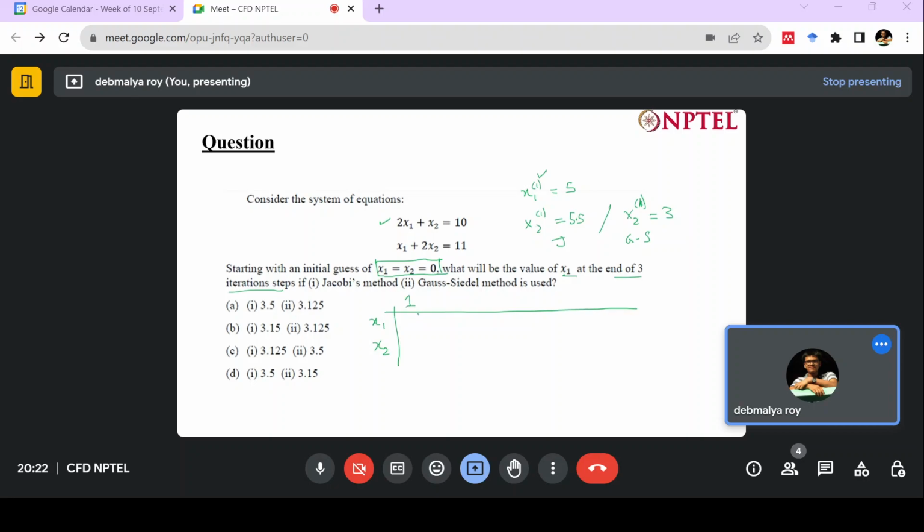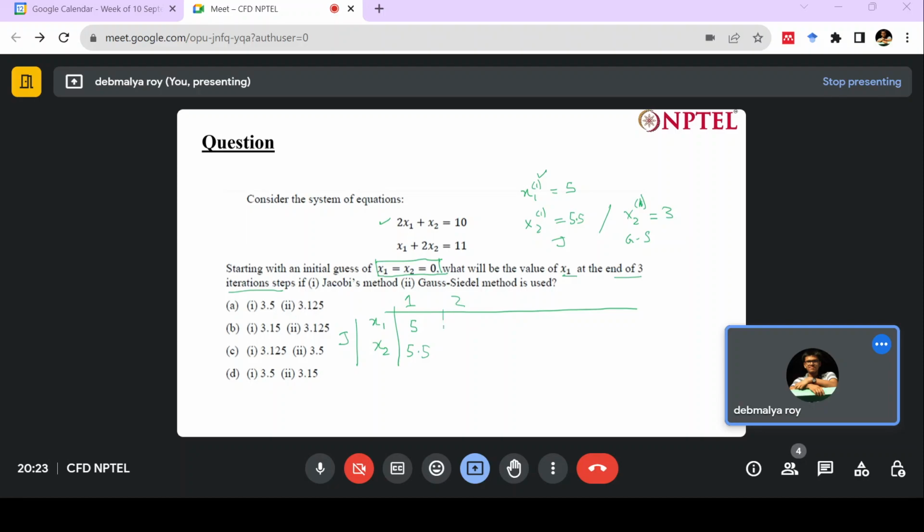First, let's do Jacobi. In the first iteration, x1 and x2 were 0. So in the first iteration, x1 will be 5 and x2 will be 5.5.